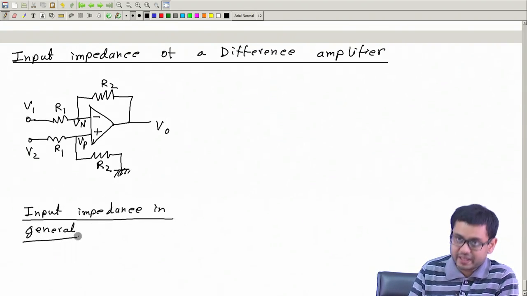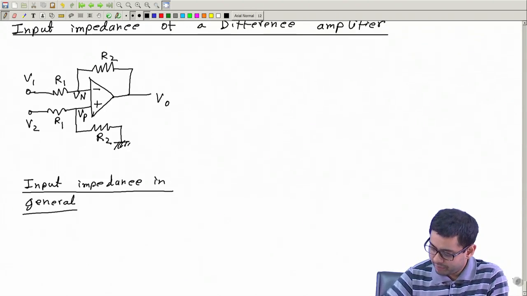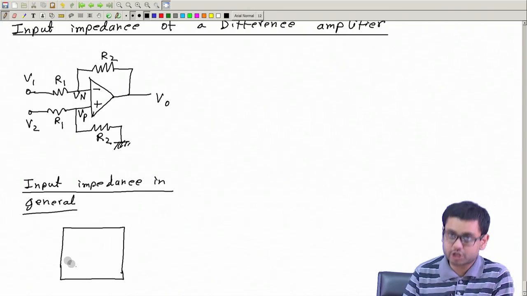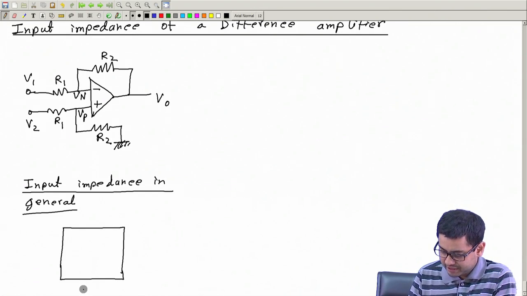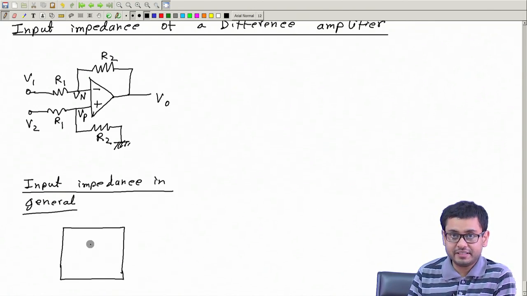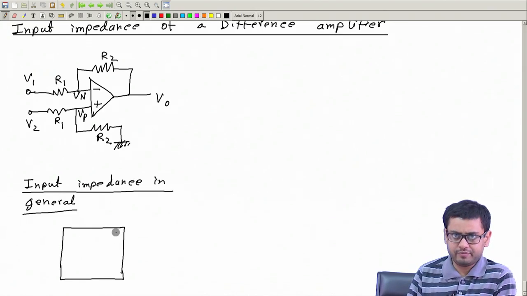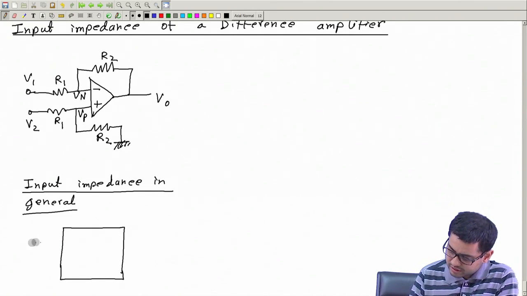If I have a very complicated circuit in this box, it has many passive elements, resistances, no active source, for example.